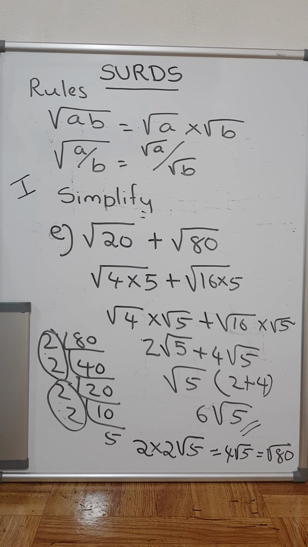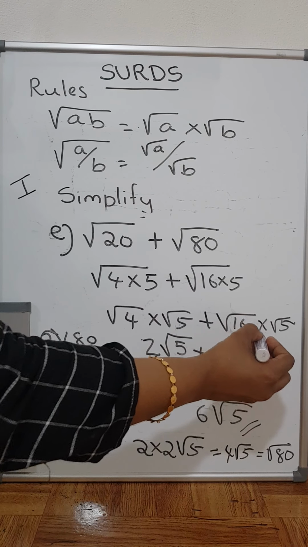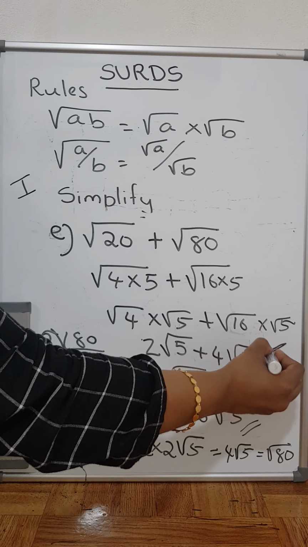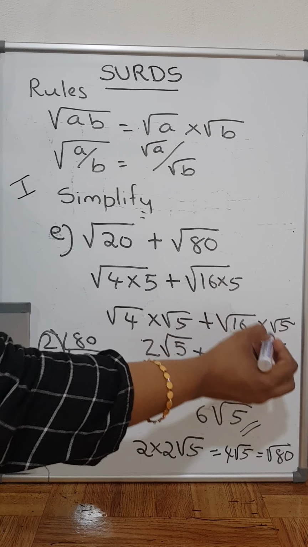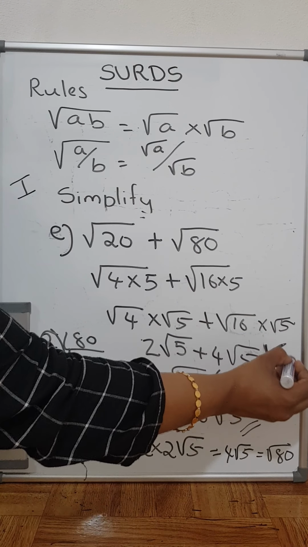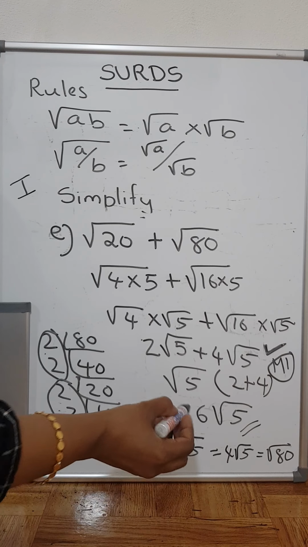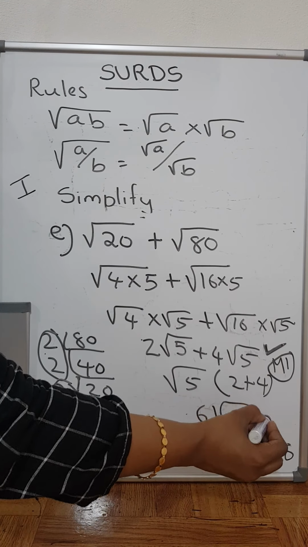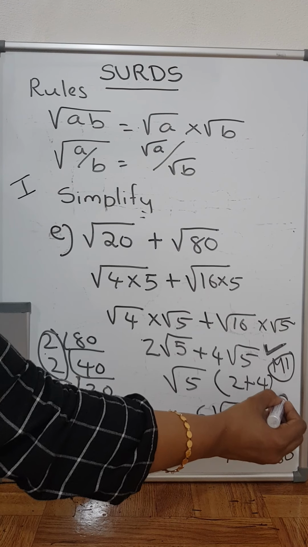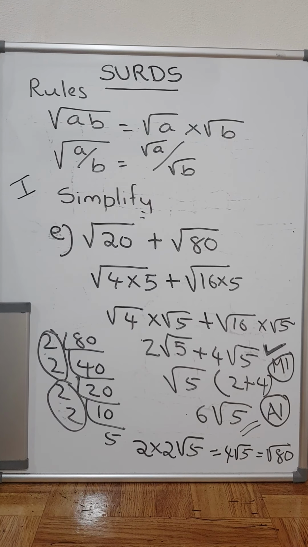You see, in this question, only 2 steps are necessary. One is this one. You should show this step for exam. That carries one method mark, M1. And this answer you have to write. That is accuracy mark, A1.